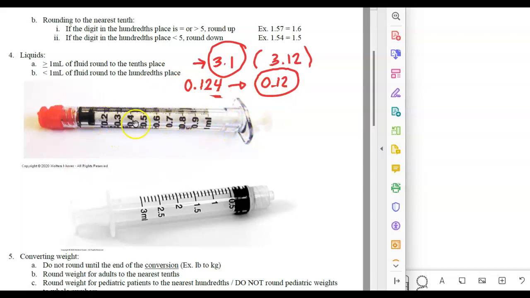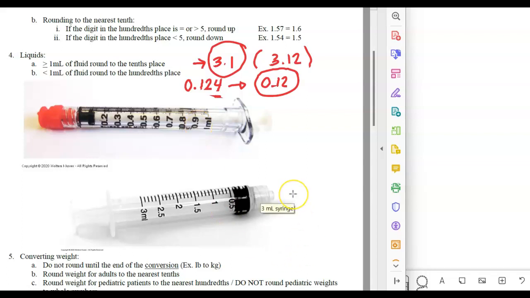As you can see here, it may be hard to see, but this goes by 0.2, and these little lines right here give you your hundredths place decimals. So this will be 0.21, 0.22. This is as precise as you can measure using this syringe.